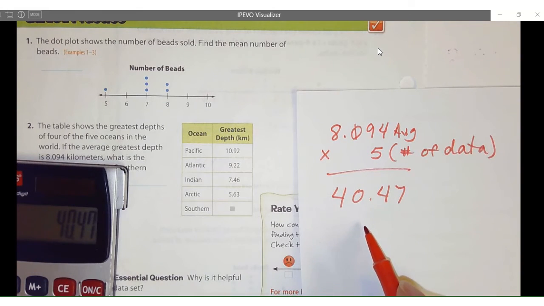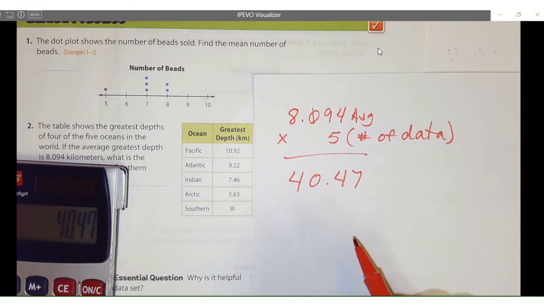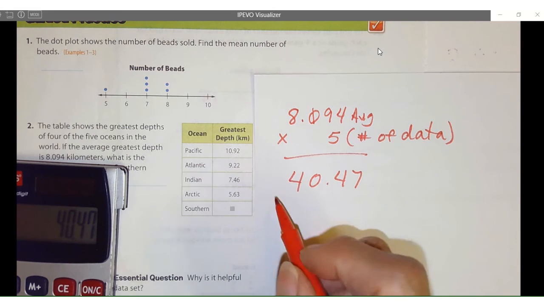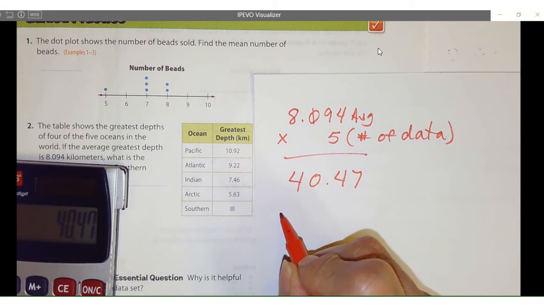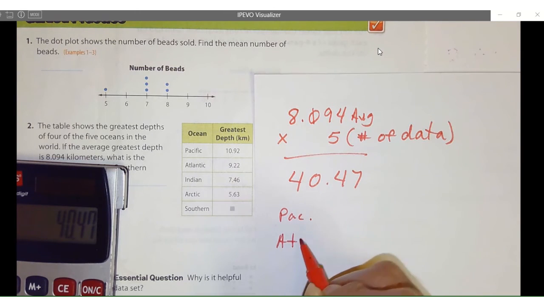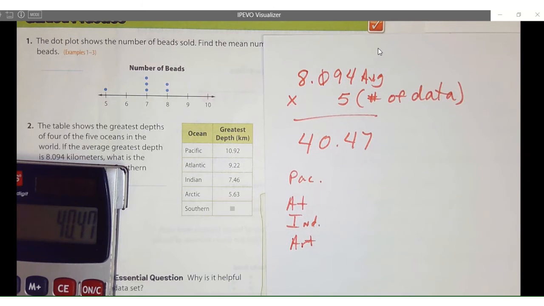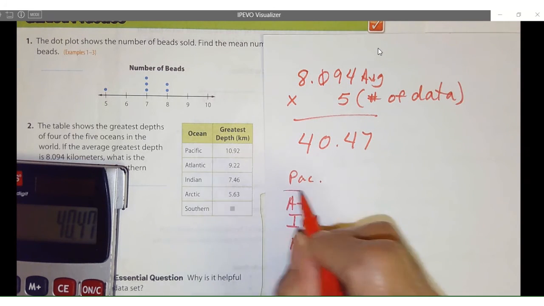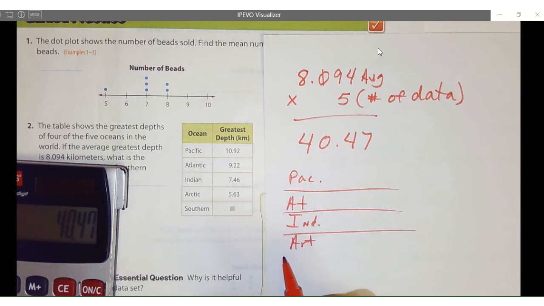So if I was to take all of these right here and put Pacific, Atlantic, Indian, Arctic, I'm going to just abbreviate, and then Southern is the one we're looking for.